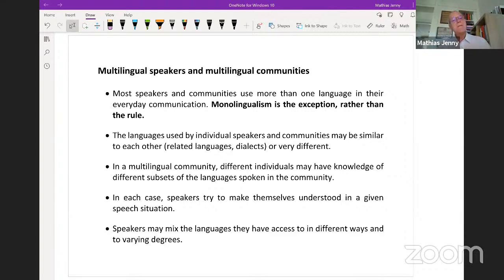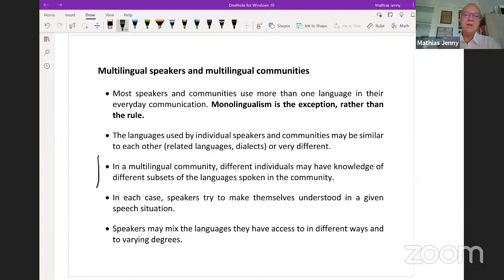Now, if we look at a multilingual community, this does not mean that in this community, everyone speaks more than one language. Different individuals in a multilingual community may have knowledge of different subsets of the languages spoken there. So if in a village, for example, people speak English, French, and German, that does not mean that everyone speaks English, French, and German.